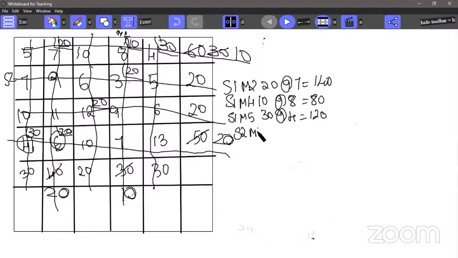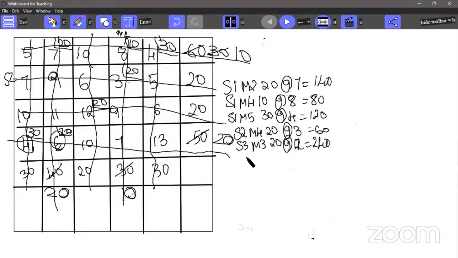Then S2, M4, 20 at the rate of 3, 60. S3, M3, 20 at the rate of 12, 240 rupees.